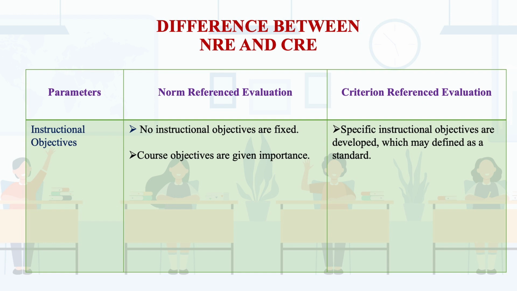But in criterion referenced evaluation, instructional objectives are developed which may be defined as a standard. So try to understand, you have to set and construct instructional objectives for the criterion referenced test, because instructional objectives will be related to the specific content.